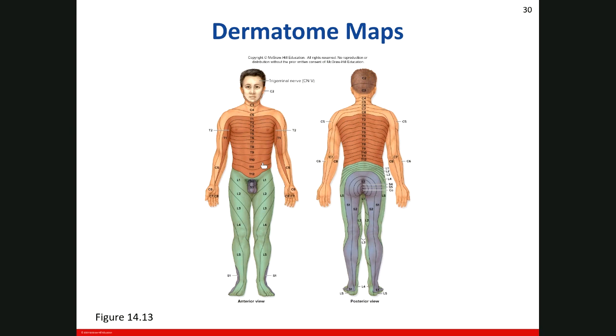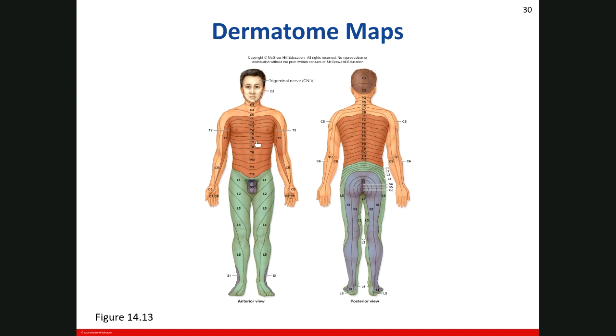If you magnify the picture for yourself, you see that, for example, in the groin region, we have L1. The L1 here means that this part is innervated by lumbar spinal nerve number 1. After that, you have L2. It means that this part is innervated by lumbar spinal nerve number 2.